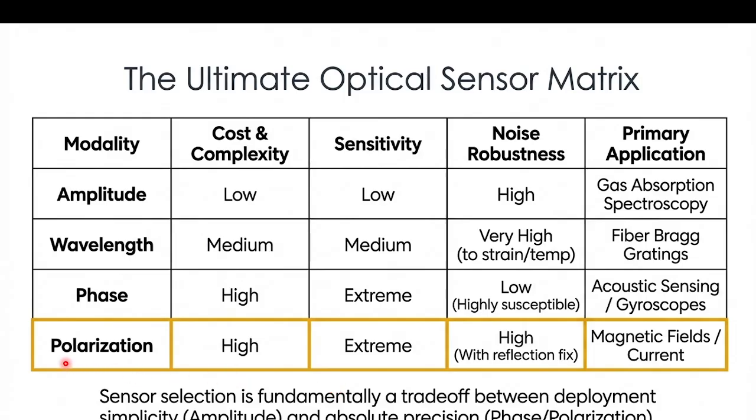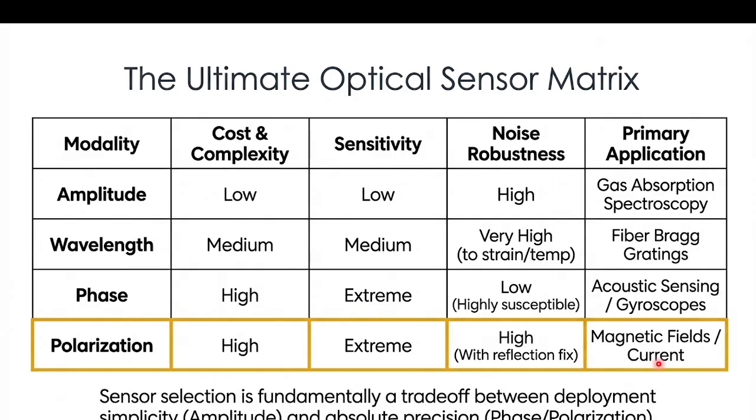Then the last one which we have discussed this week is polarization based. The cost and complexity is very high, but the sensitivity is also at a very extreme level, and the noise is high. With reflection it can be fixed, and it can be an alternative for the phase, but not for the amplitude and wavelength, which have limitations of their own.